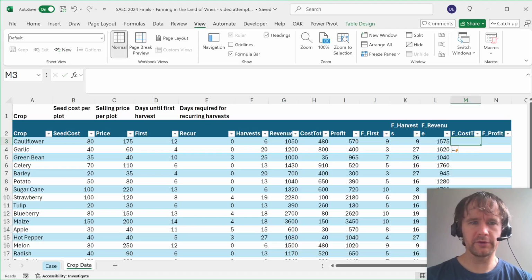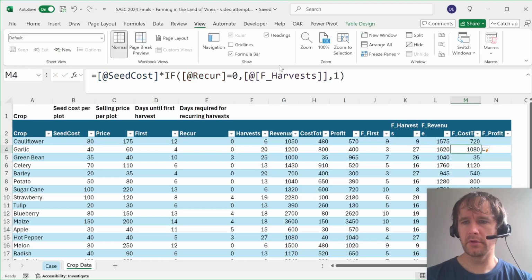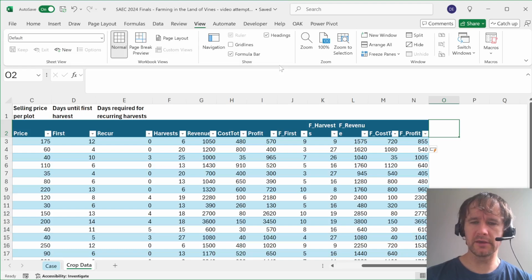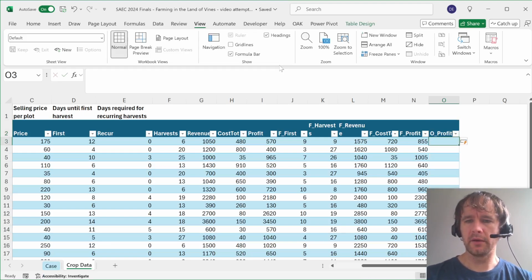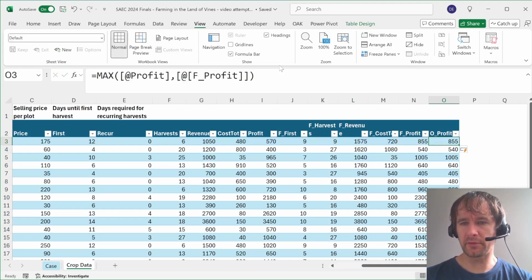Again, just need to change the reference to F harvests. And then F profit is just that minus that. And the last thing is, I guess I'll call it optimized profit, because it says you only use fertilizer if it helps. So in other words, if you're going to make a bigger profit.